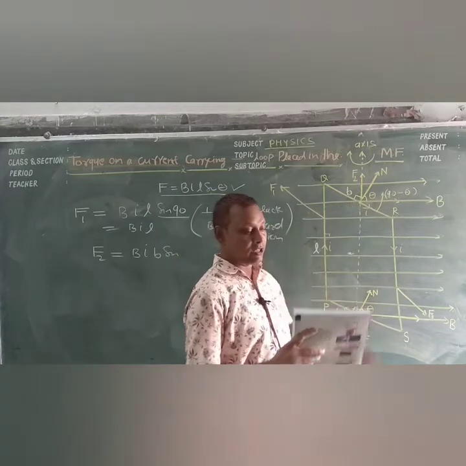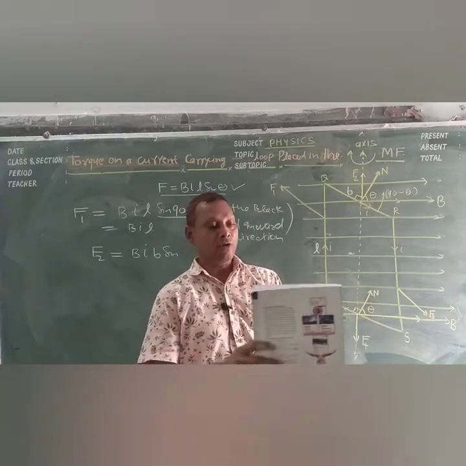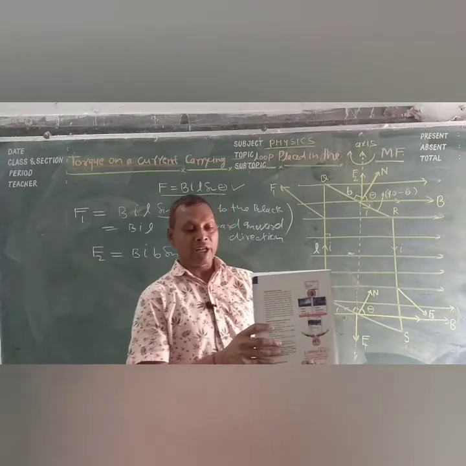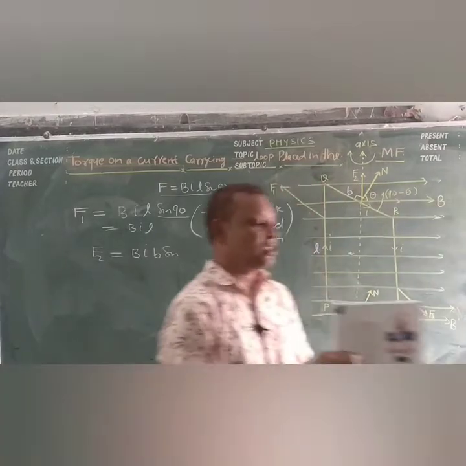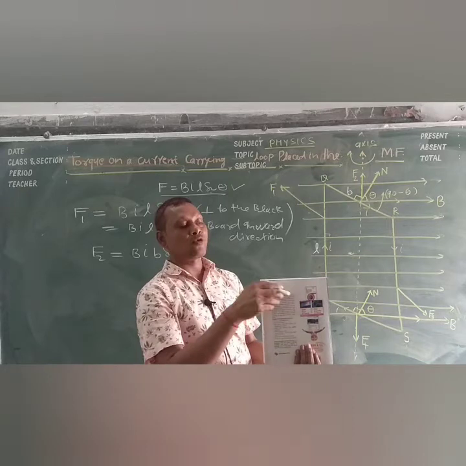Suppose this is understood. Imagine this is your rectangle coil PQRS, and this is your area vector. Area vector means any vector which is perpendicular to the coil.